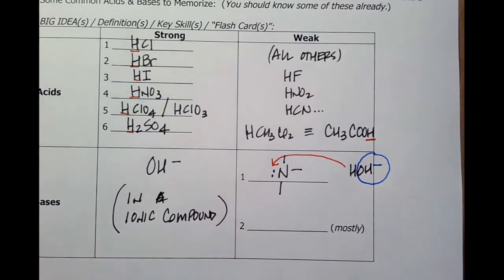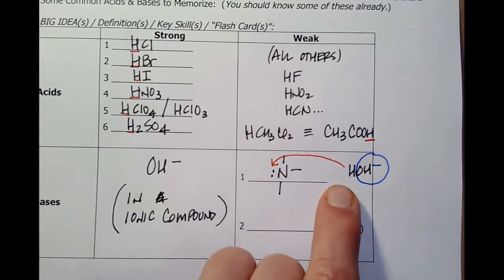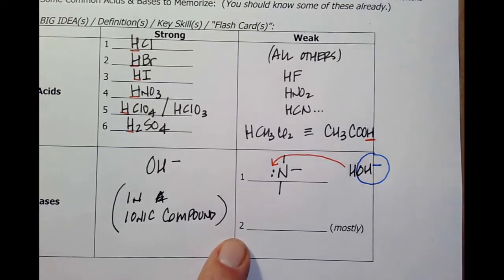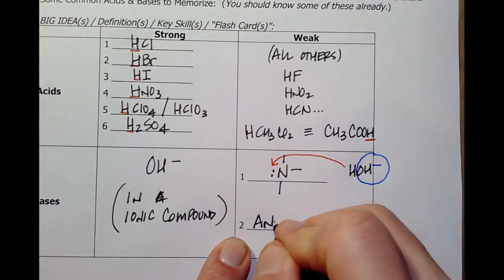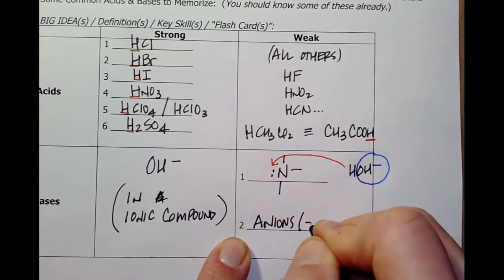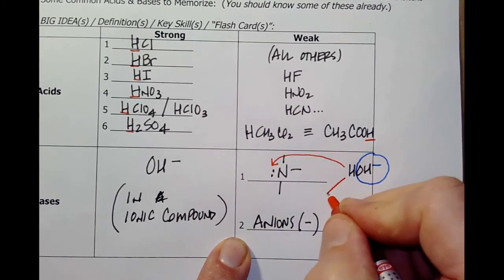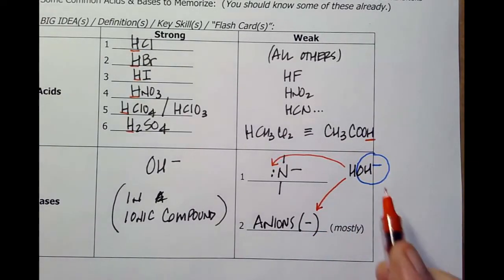So nitrogen compounds can produce hydroxide by pulling an H off of water. Same mechanism for anions. They're negative. They'll do the same thing. They'll pull an H off of water, which leaves hydroxide. So the mechanism, I think, helps to understand.